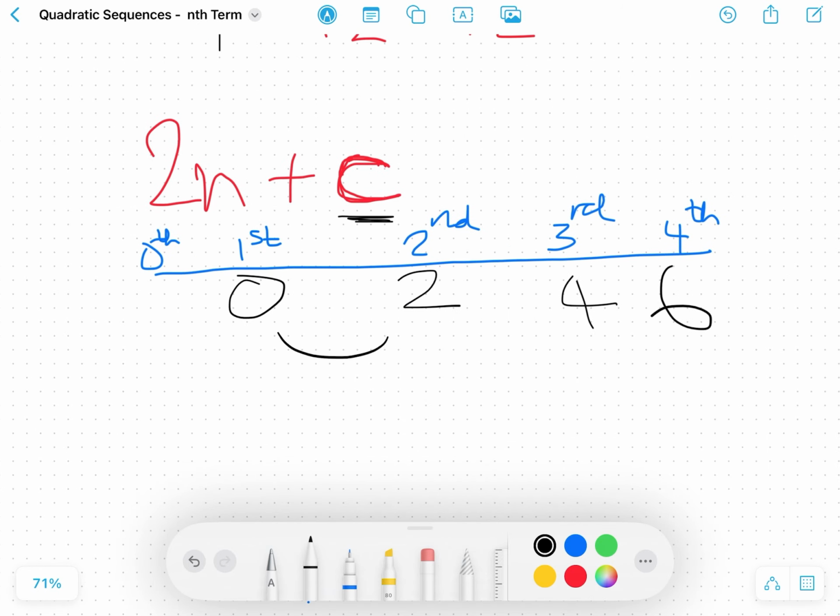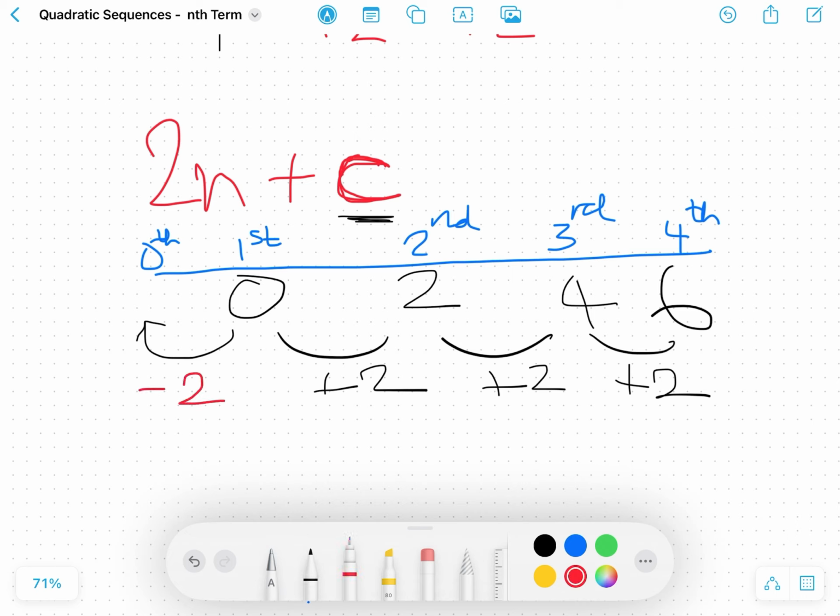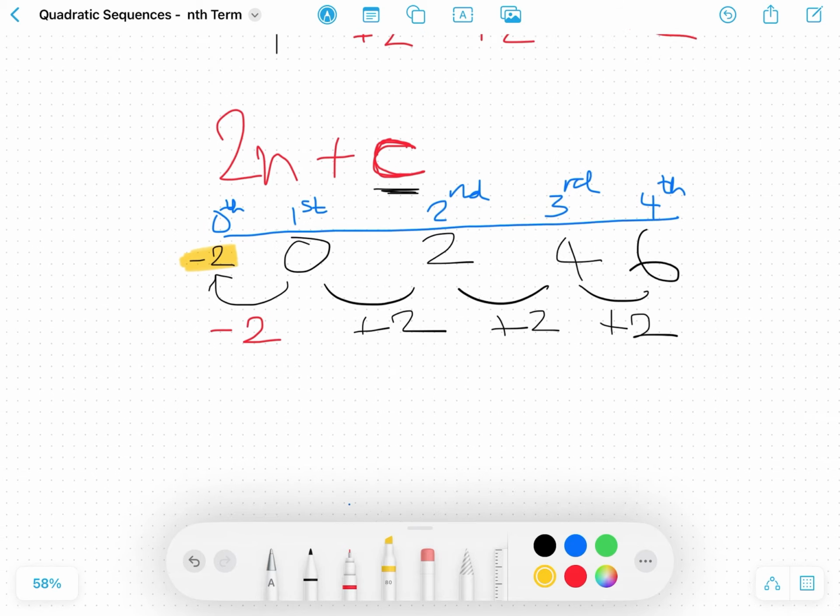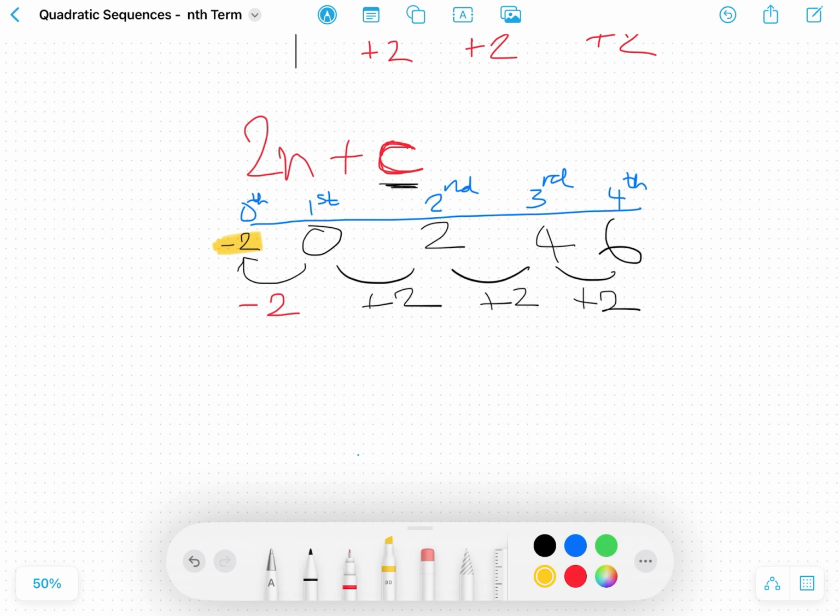If we're adding 2 to go from the first to the second term, that means that to go from the first to the 0th term, we have to subtract 2. So that gives the 0th term as -2. Therefore, our c here is -2.